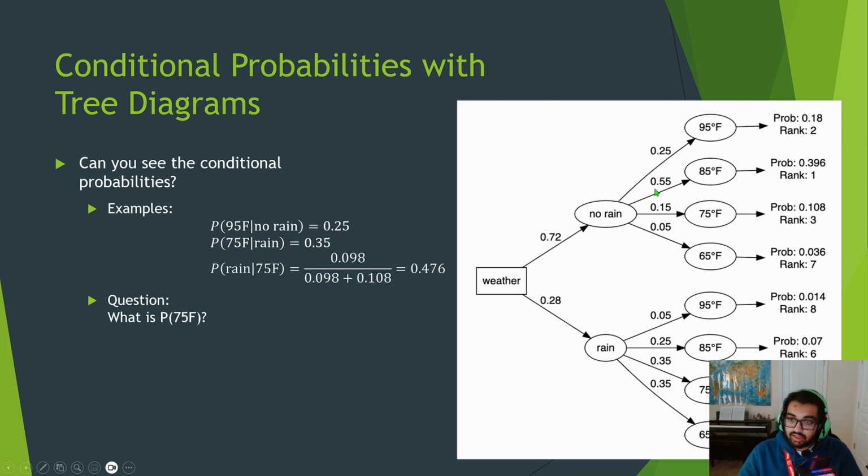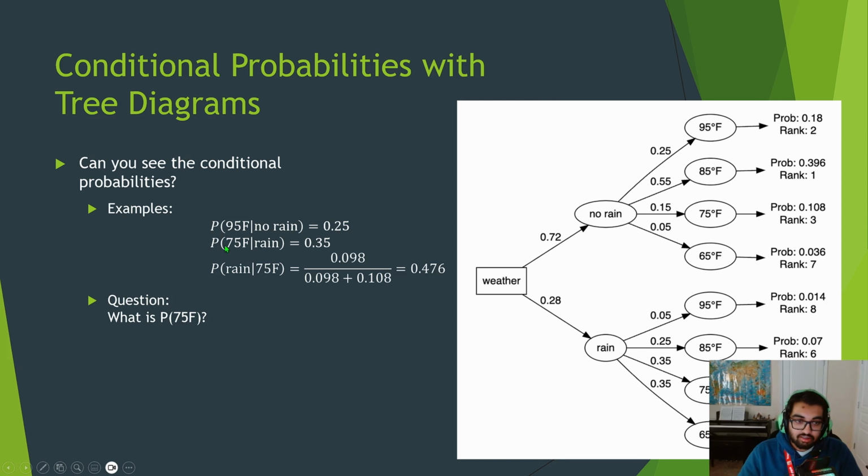How that works is that you already know this happened, this no rain here, and because of that, you can see that it's a 0.25 chance after that it is 95 degrees Fahrenheit. So that's where that comes from.